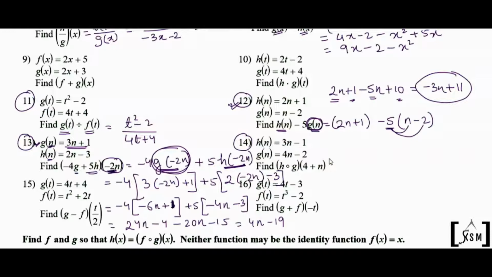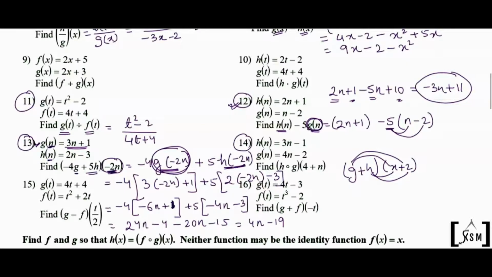Let me explain with some more examples. Like if we have the function g plus h, bracket x plus 2. I must mention that here g and h are the functions. So we will not do the algebra multiplication, like multiplying g with x and g with 2 and h with x and h with 2. No, not at all. They are not variables, they are functions, so we'll treat them like functions.